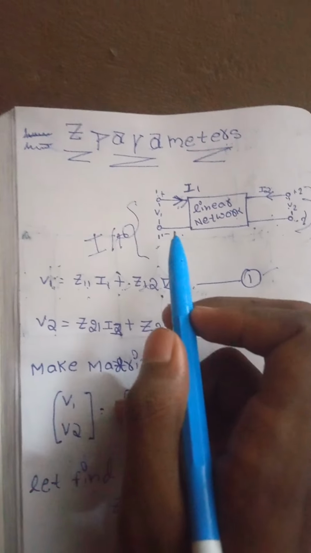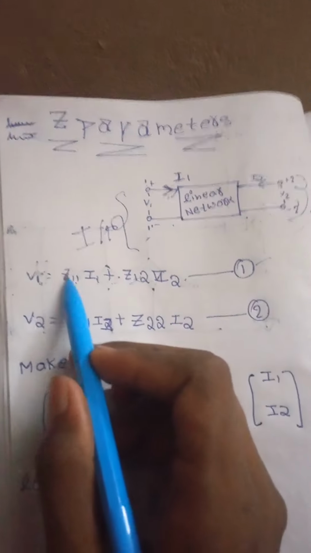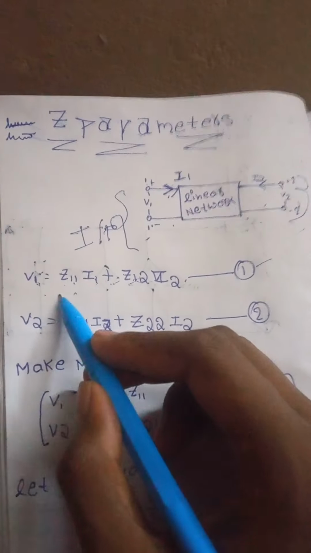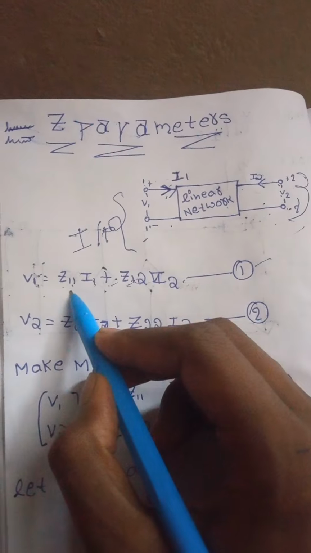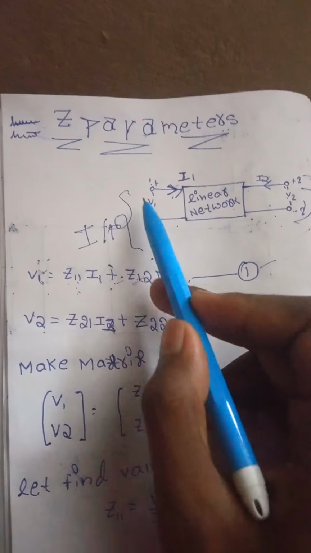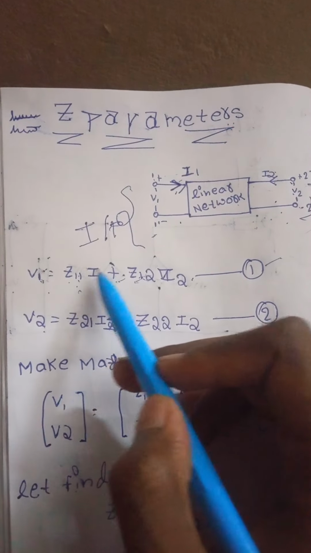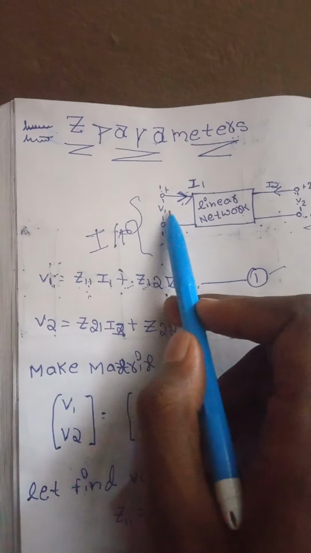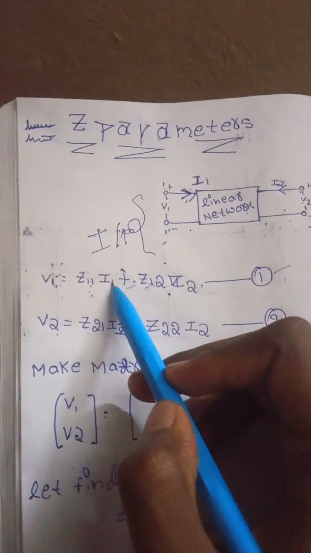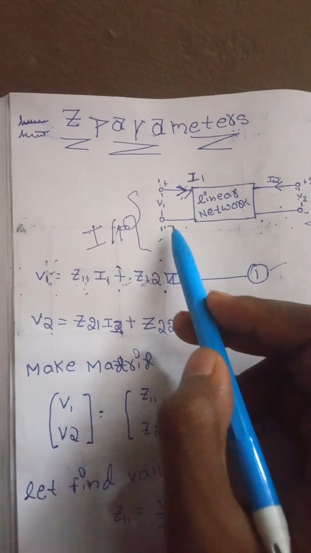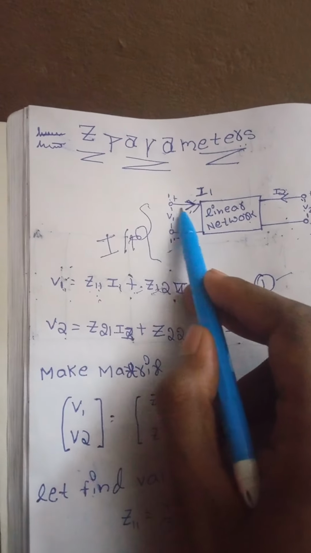V1 is equal to Z11, the impedance of the first terminal of the input, times the current I1.